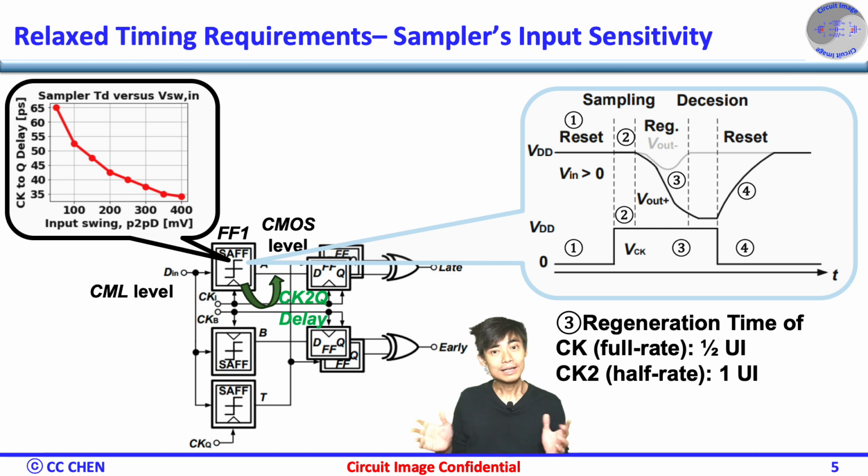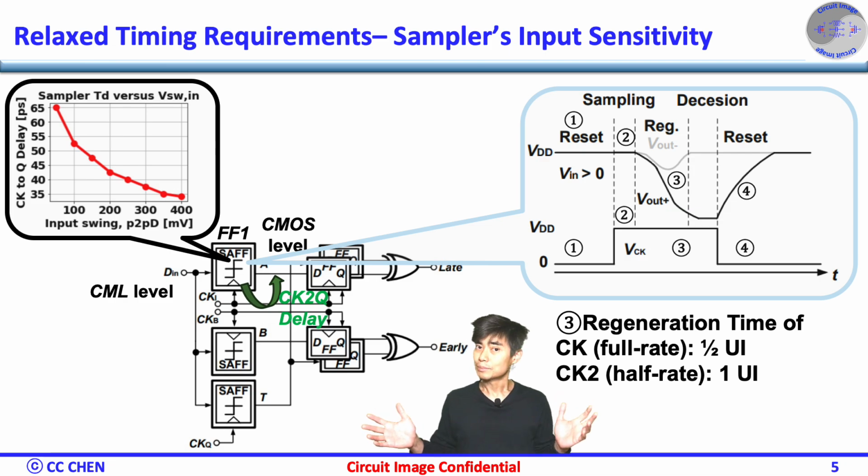Then, the data rate can be ballpark twice as fast. In addition, under the same input swing, the half-rate clock may meet the setup time requirements at the retiming stage more easily than the full-rate clock. More timing margin is available in the half-rate.